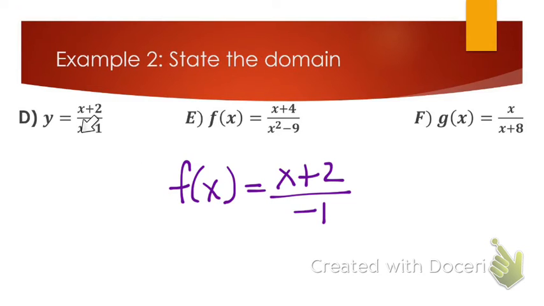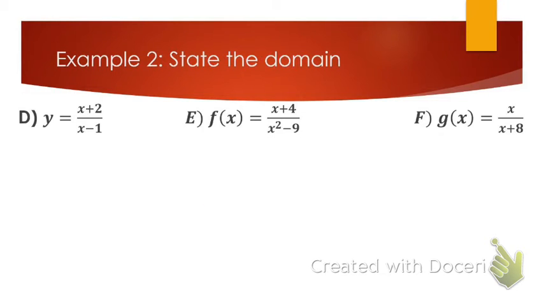But when I put an x in the denominator, that's a red light. That's where we have to stop, okay? And the reason why we have to stop is because we cannot divide by 0. So we have to take away anything that will cause this to be 0. So if you take x minus 1 and you set that equal to 0, you get x cannot equal 1. That's the only number from negative infinity to infinity that x cannot equal.